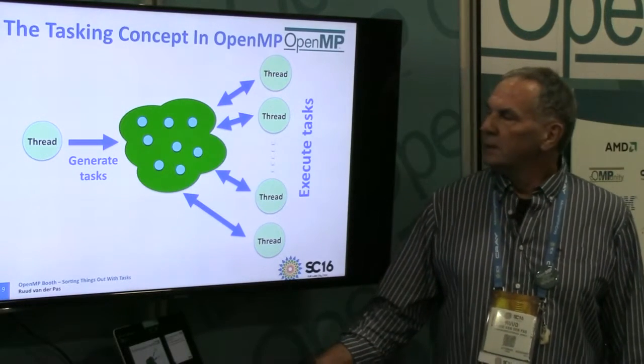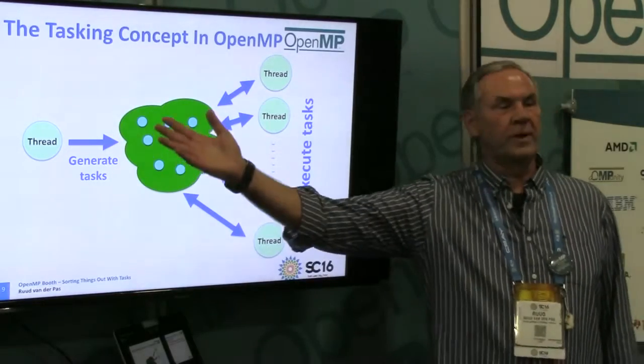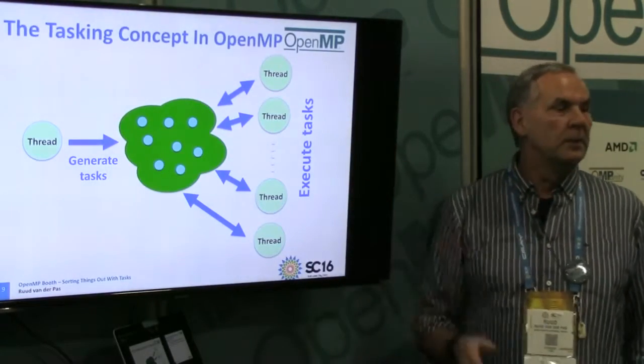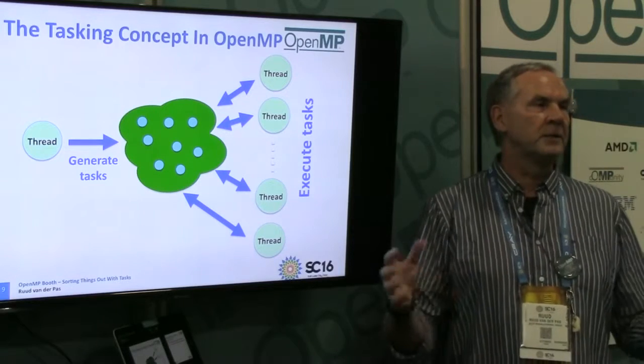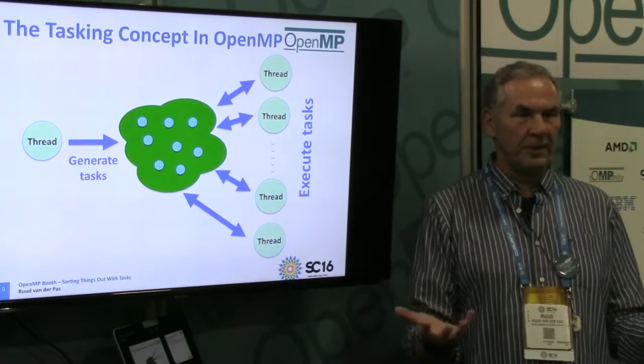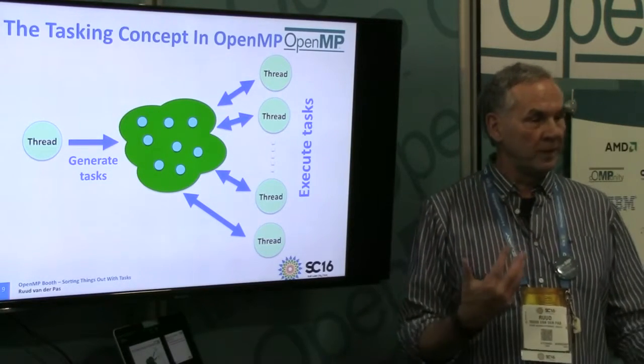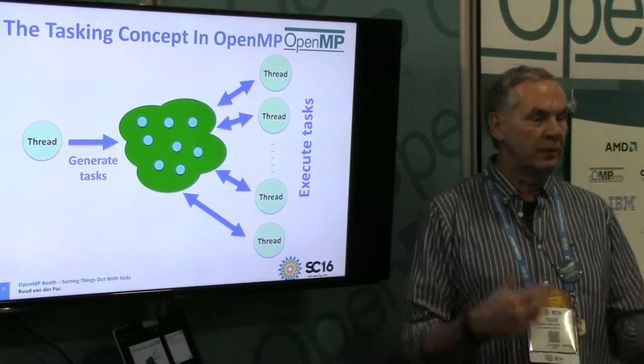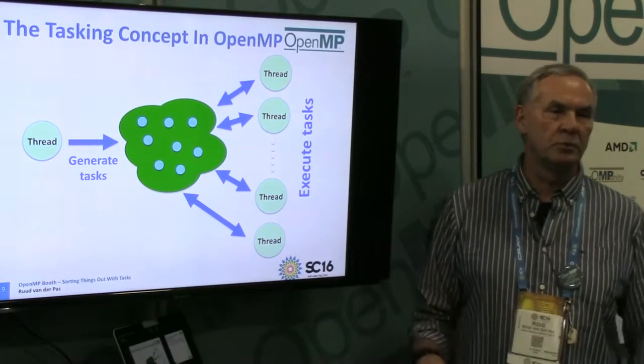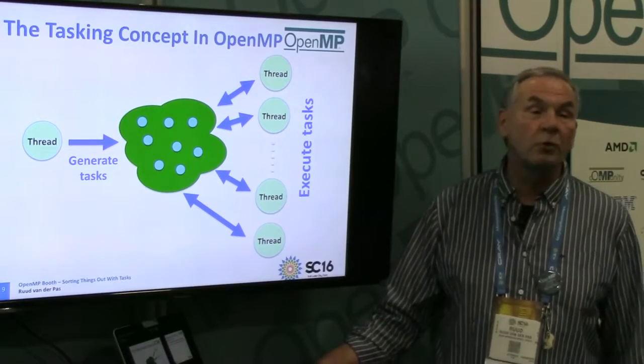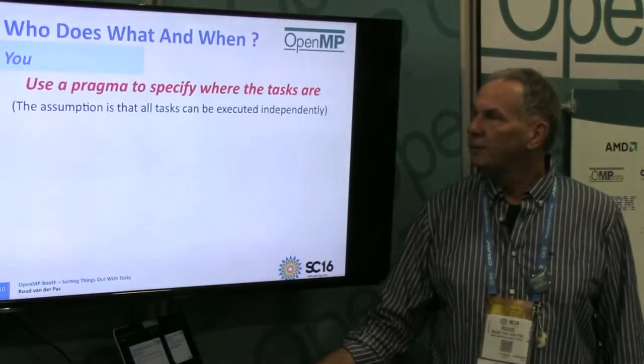Eventually, when this first thread has finished, it can join the gang and start executing as well. At some point these tasks are finished. It's well defined when that is, there are implied points, and you can enforce task execution to be completed before your program continues.